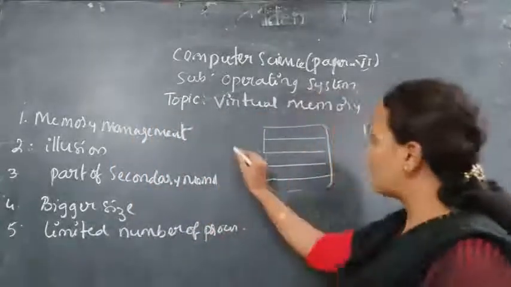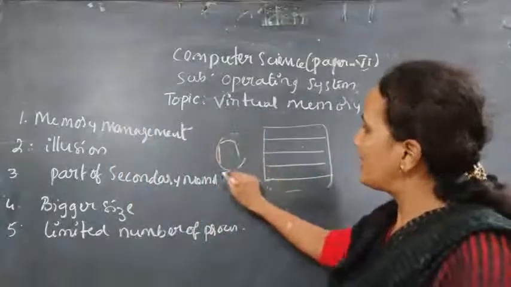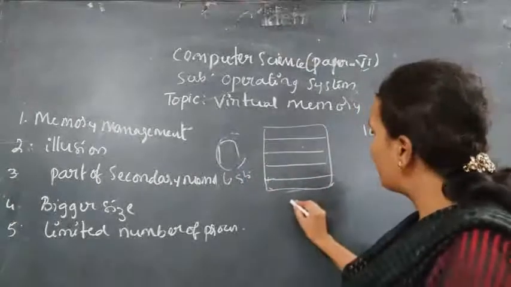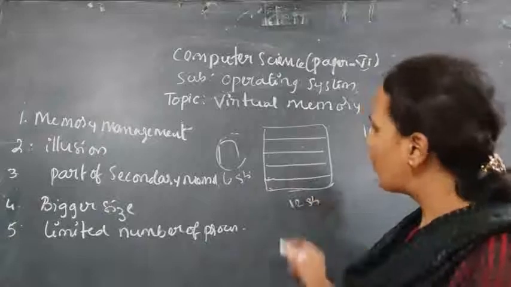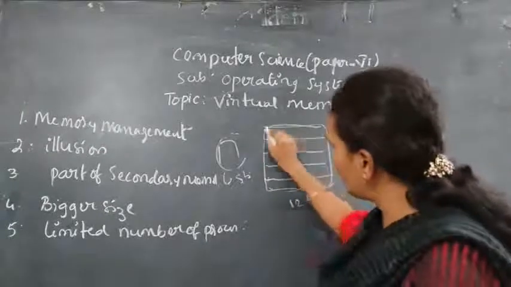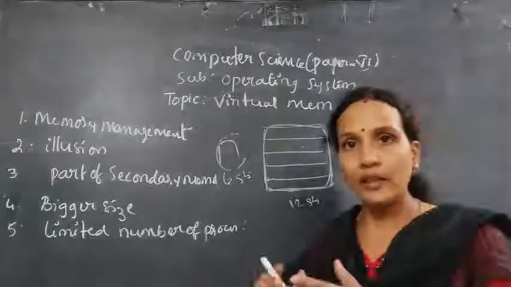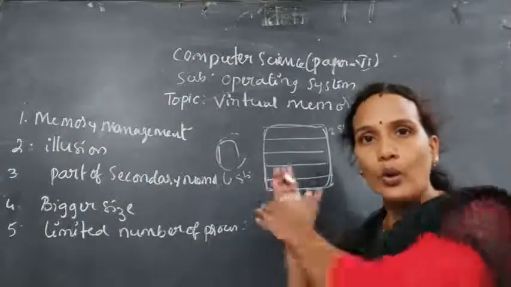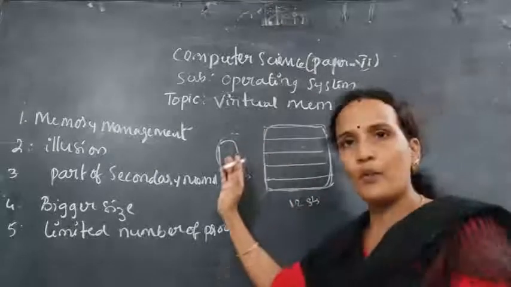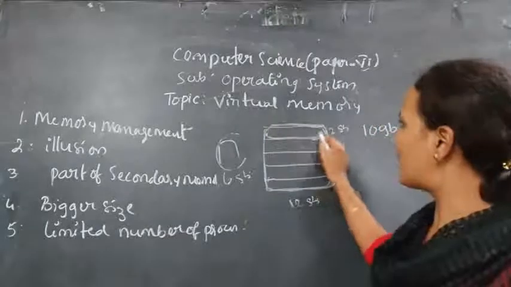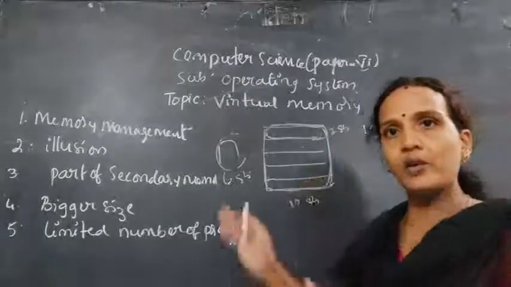For example, here our RAM size is 6 GB and the total user program is 12 GB. But right now, from this total program, the user wants to execute only 2 GB. Then there is no need to load all these pages into the main memory. Here we need only the one page whose size is 2 GB. That page is loaded.